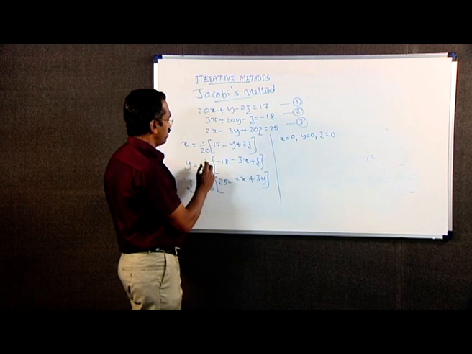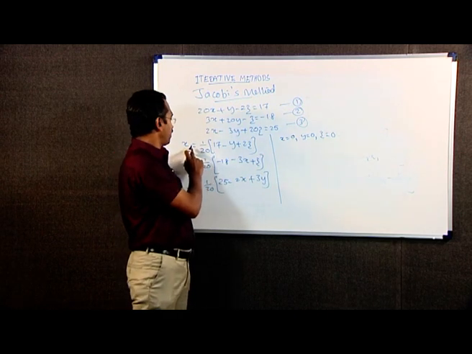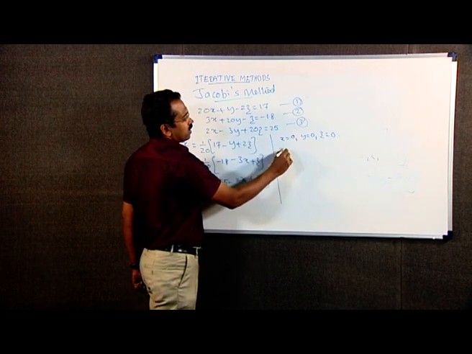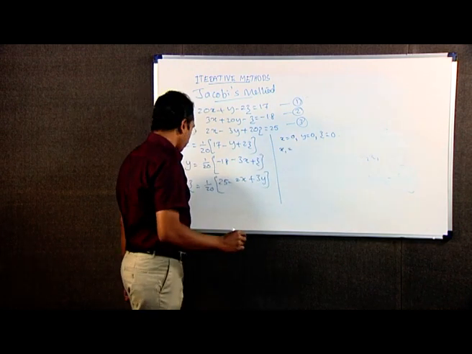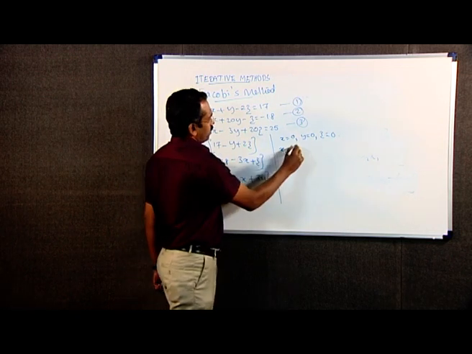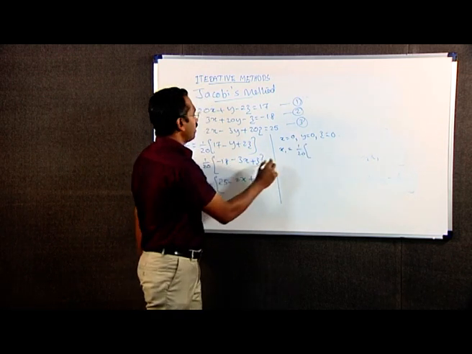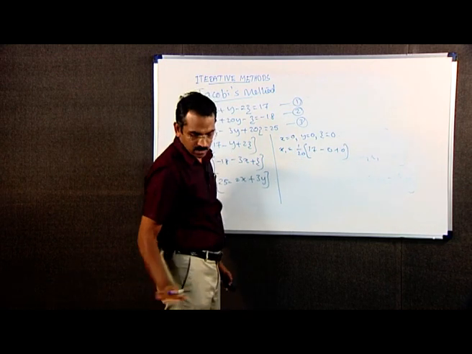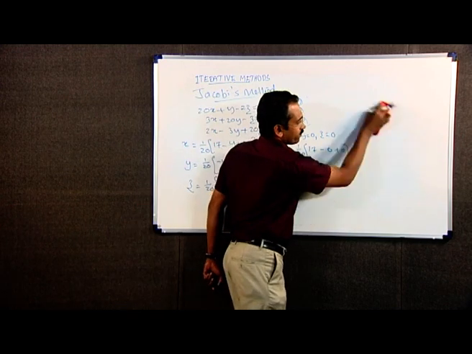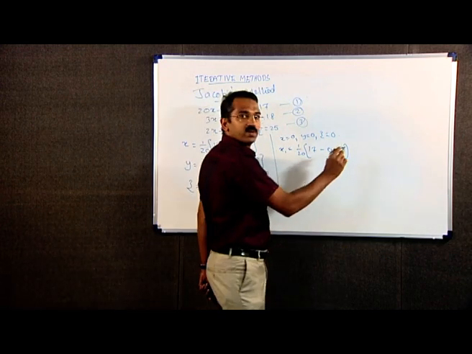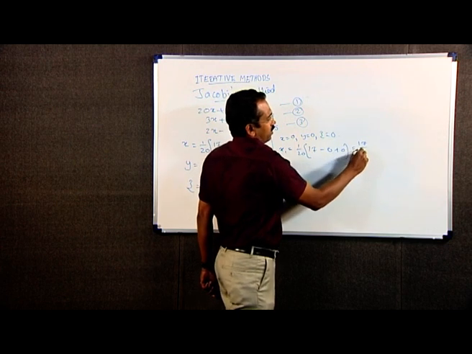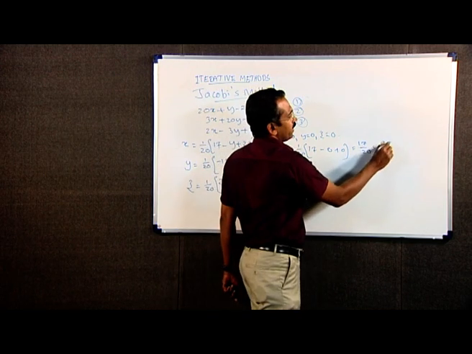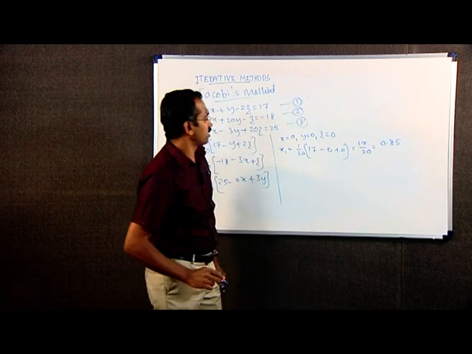We will get the first approximation as x1 is equal to 1 by 20 into 17 minus 0 plus 0, that is 17 by 20, which is 0.85.